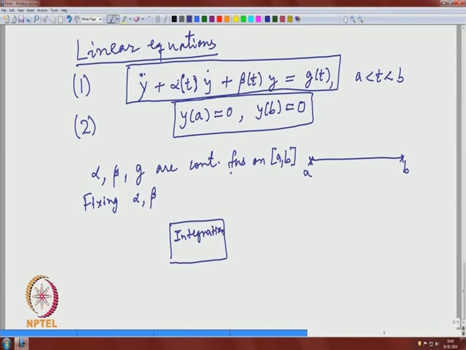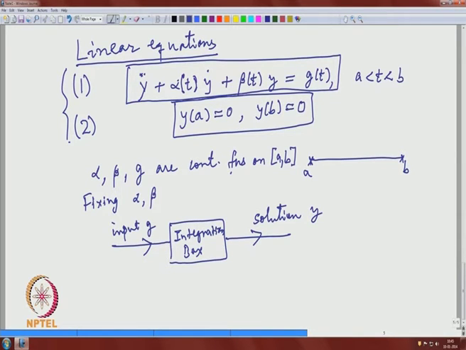We will see what that integration is, and here the input is g and out comes the solution y. That is what we would like to get from this boundary value problem 1 and 2.